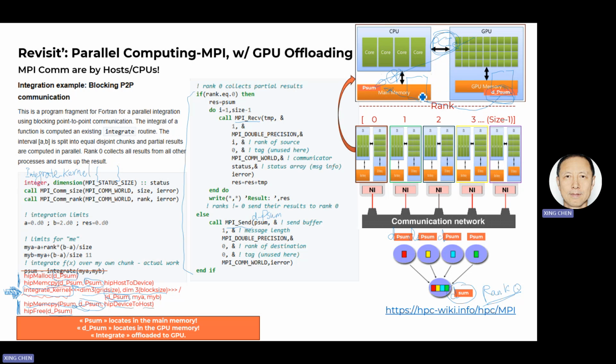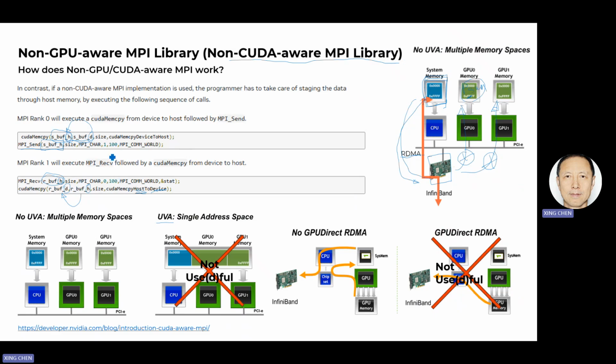You have to do that. That's the traditional non-GPU aware MPI library. You have to do the data copy as has been shown here.